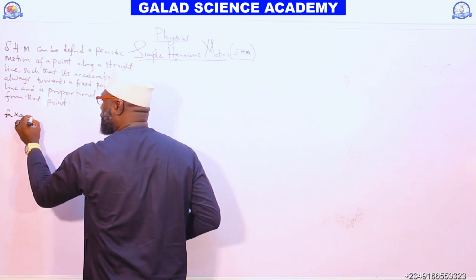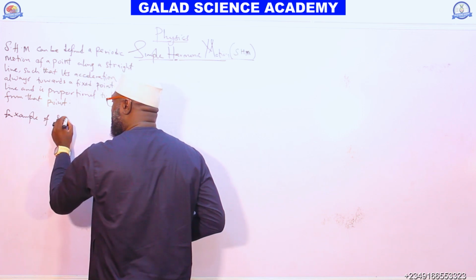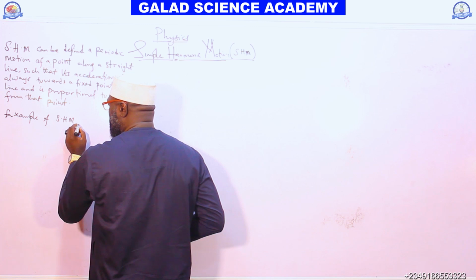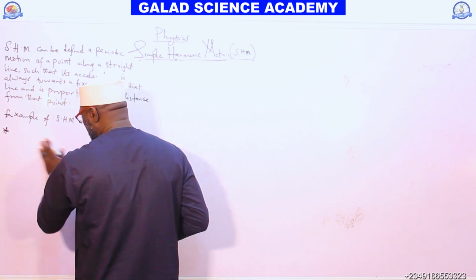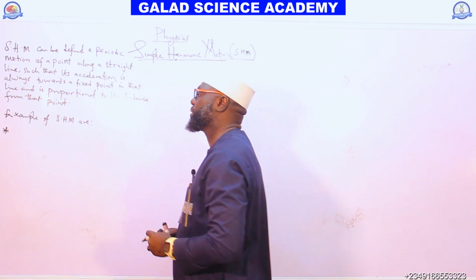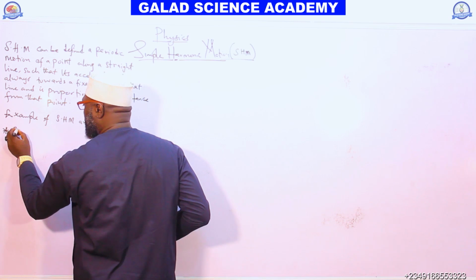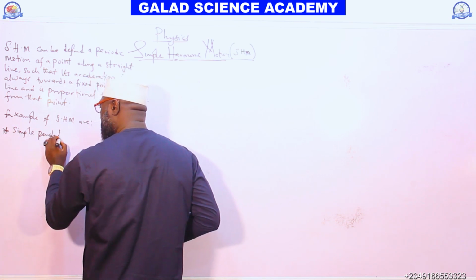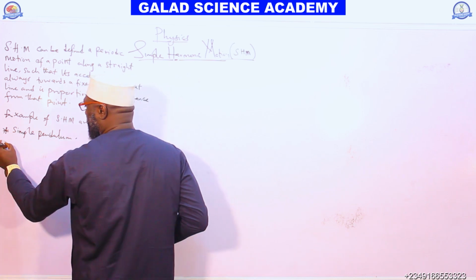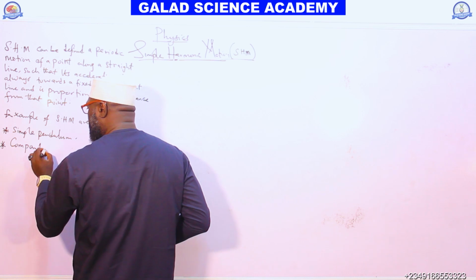Examples of simple harmonic motion: number one, we have the simple pendulum. Number two, we have the compound pendulum.